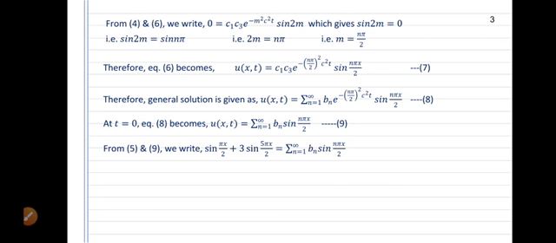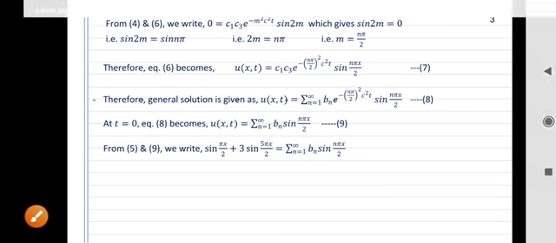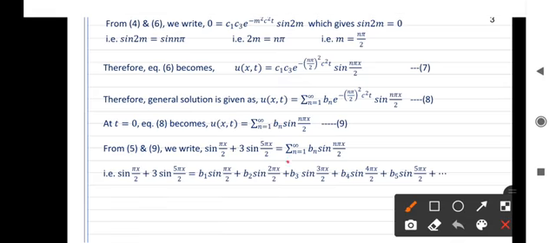Now if we expand this RHS, that is if we write RHS with different values of n in addition form, then comparing both the sides we get, so here this series is written in the actual addition of the terms with different values of n.